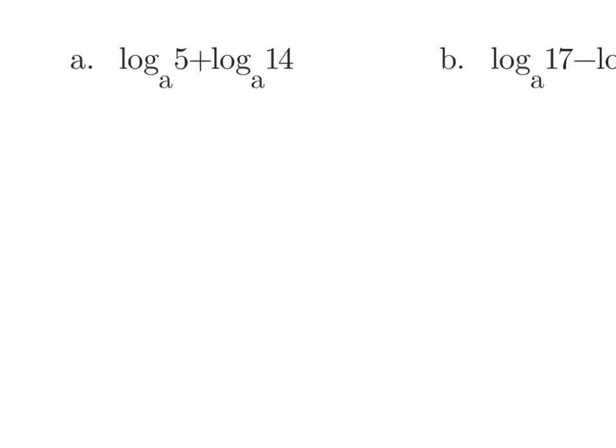So in order to convert this to a single logarithm, we're going to convert our addition into multiplication. We get 5 times 14. And if we go ahead and multiply 5 times 14, we get log base A of 70.